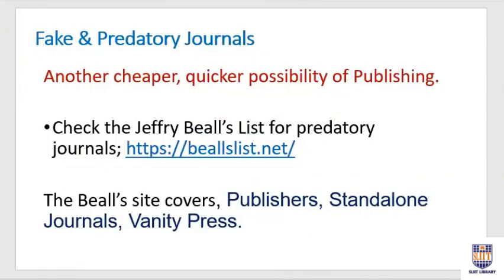Now we are coming to the very important part of this presentation, that is fake and predatory journals. They offer a very cheap and quick possibility of publishing. Sometimes it takes only 2-3 days to publish. It looks very nice, and they ask you to pay. Maybe a credit card payment is necessary. As soon as you pay, the article is online.